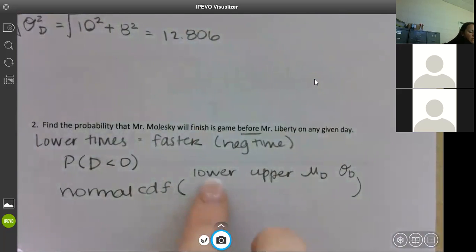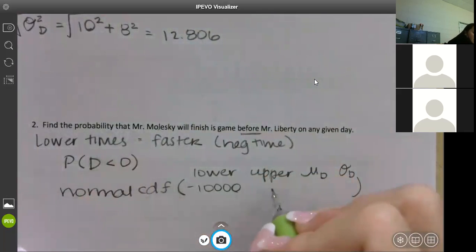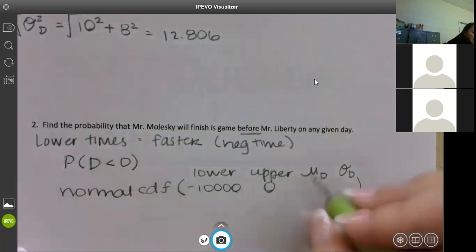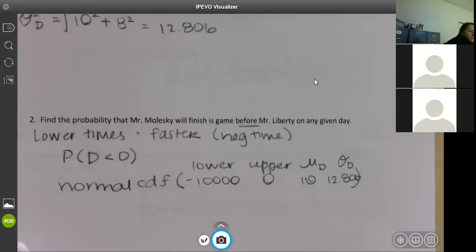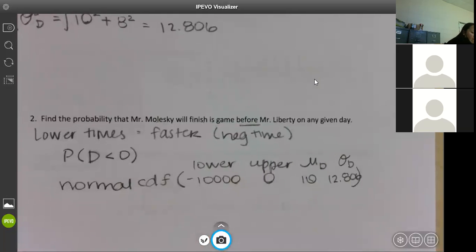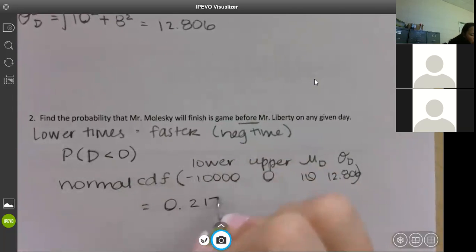So what would your lower be if we want less than 0? Just a really low number. What about our upper? What's the highest we can get? 0. Our mean from before was 10 and our standard deviation was 12.806. I rounded this number, so yours may be rounded as well. You get approximately 0.2175.